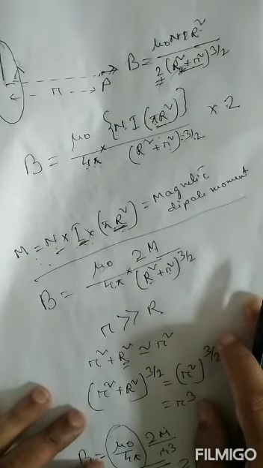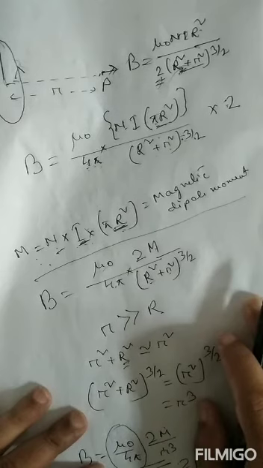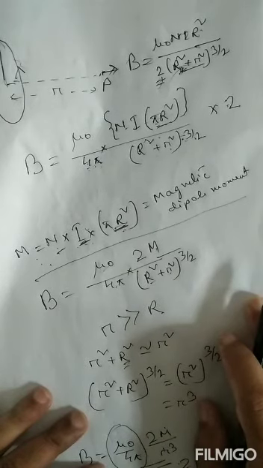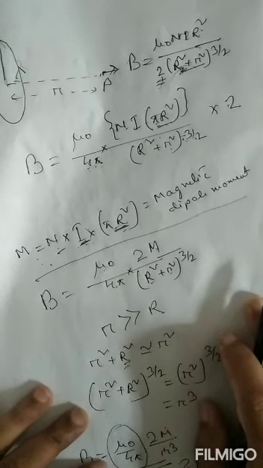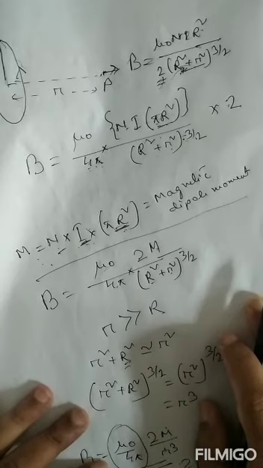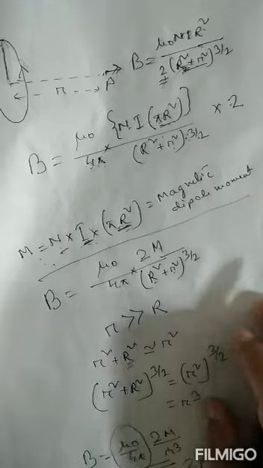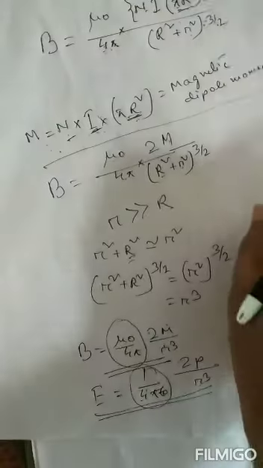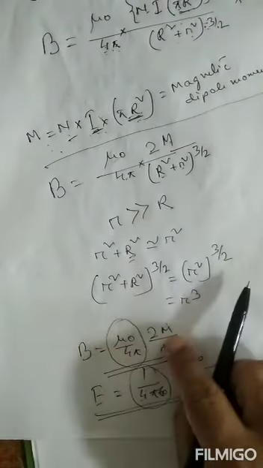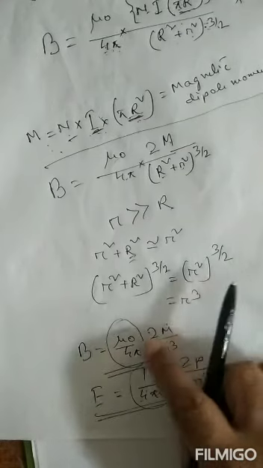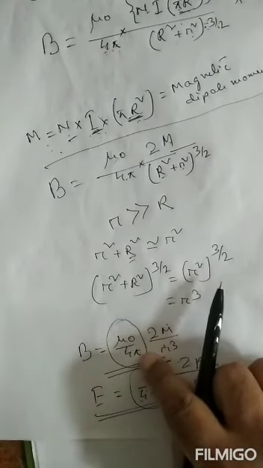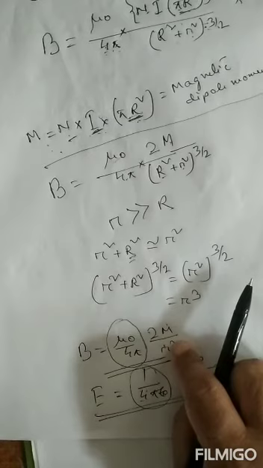So, from this discussion, we have shown that a current carrying circular loop behaves like a magnetic dipole, and the magnetic field intensity at an axial point can be calculated like this: mu 0 by 4 pi twice m by r cube.